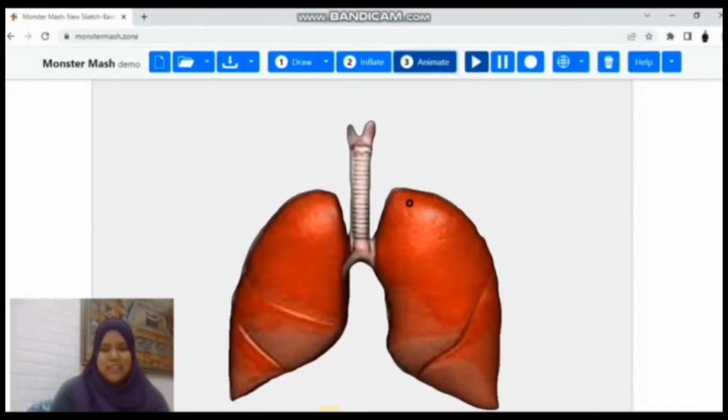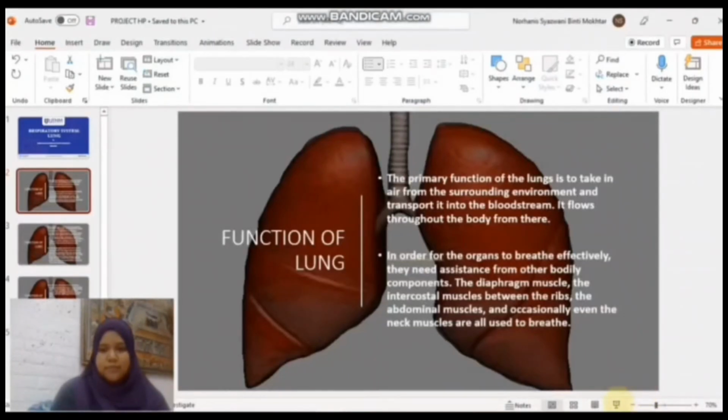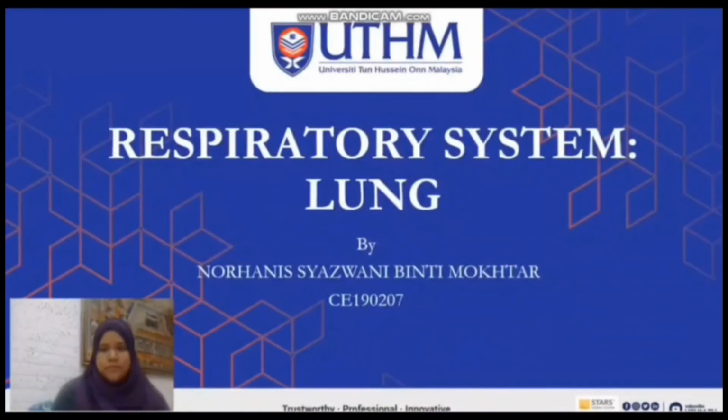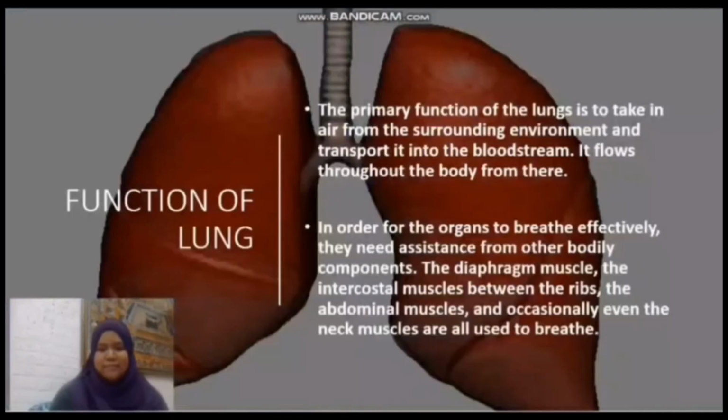Next, the respiratory system, where I'm choosing the lung. And the function of the lung. The primary function of the lung is to take in air from the surrounding environment and transport it into the bloodstream.